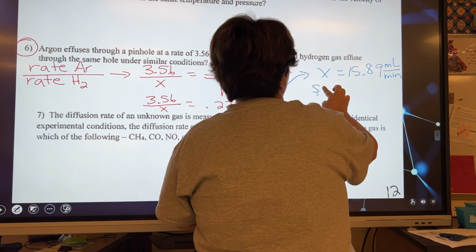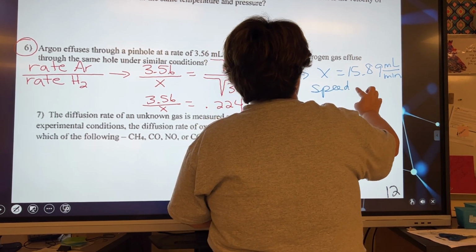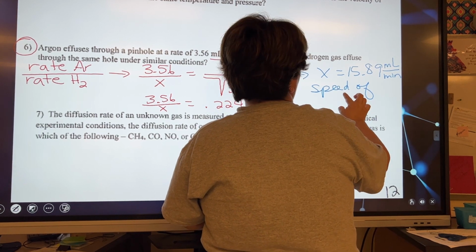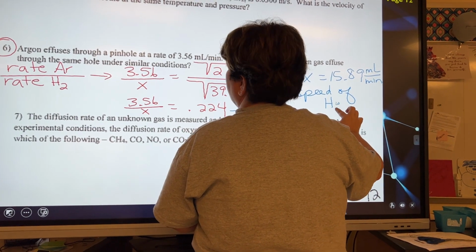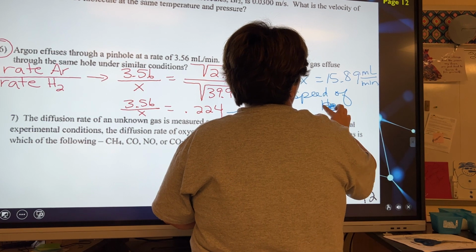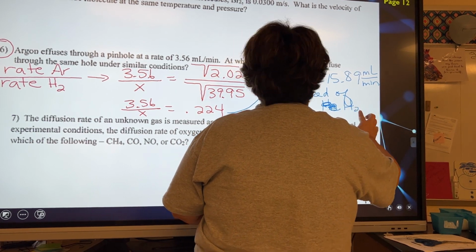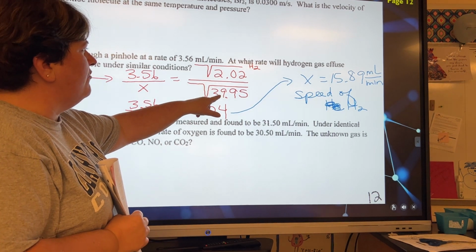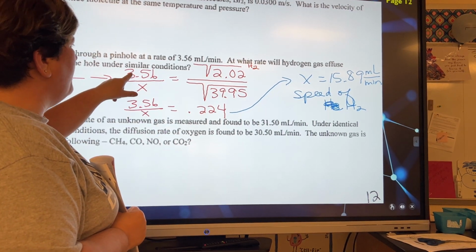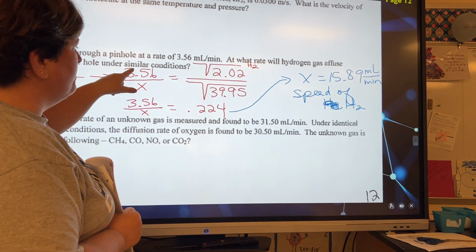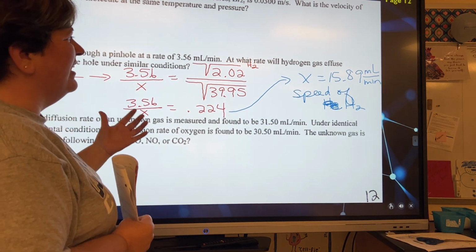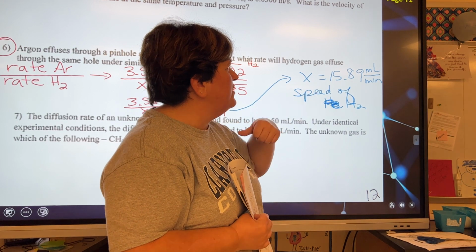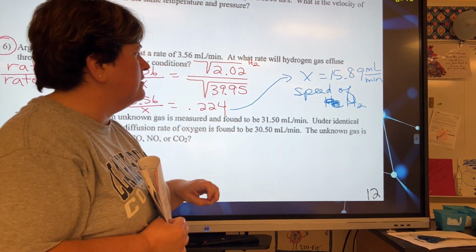Okay, so this is the speed of helium. Oops, of H2, pardon me. Okay, and hopefully that makes sense, right? Argon has a molar mass of 39.95, and it goes 3.56 milliliters per minute. Hydrogen is a lot lighter. It should go a lot faster, and it's fast at 15.89 milliliters per minute.